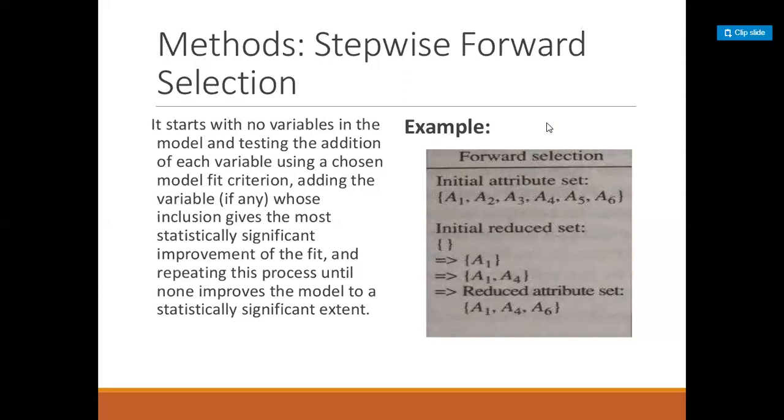At last, when we combine A1, A4, A6, we find that this is equivalent to the attribute set of 6 elements. So in this way, with stepwise forward selection, we find the optimal reduced set of attributes.